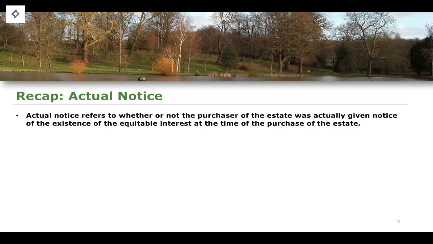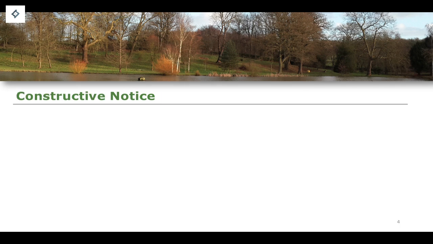Now, we noted that this is an objective test, so what is considered to be actual notice of an equitable interest is determined on the basis of what a reasonable person would describe as actual notice of an equitable interest. It's not a subjective test, it is an objective test.